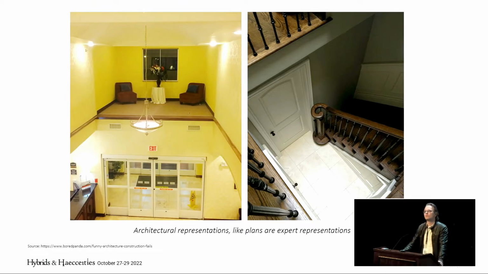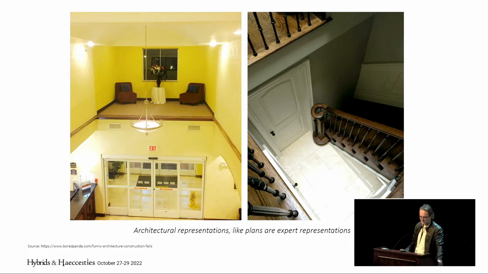If we want to derive knowledge from plans and drawings or typical architecture presentations, these are expert drawings. They're very hard to read, but also I think they can't really grasp the full complexity of the built environment.